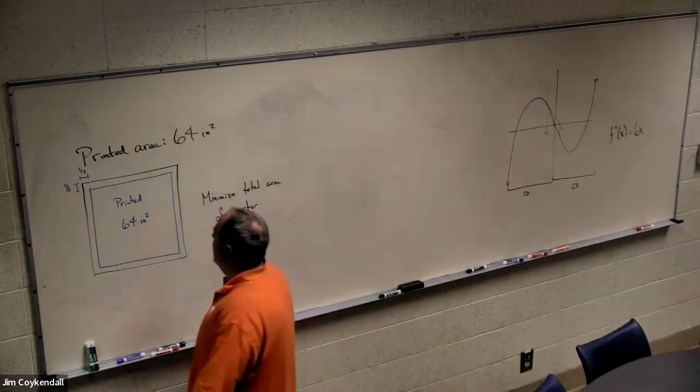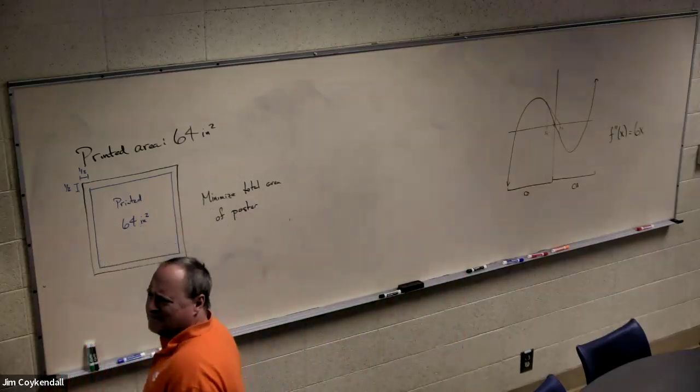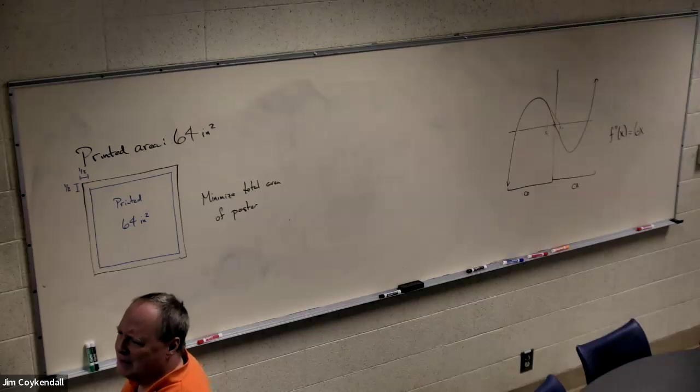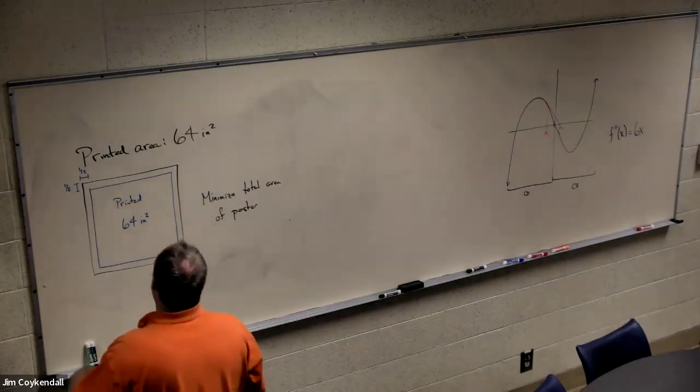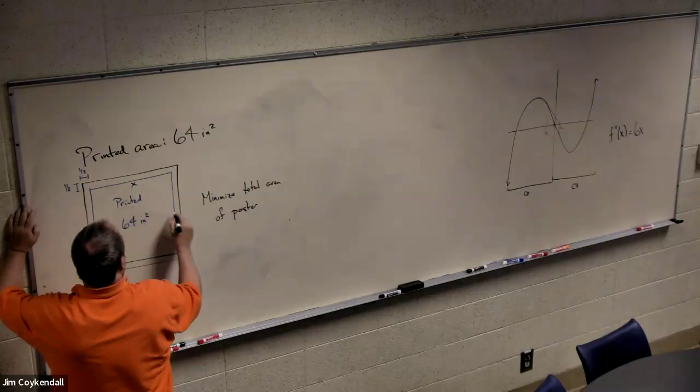Okay, so what do we got here? The poster is to be made with 64 square inches of printed area, with a half-inch margin on the side of the material. What is the minimum? So let's call this X, this Y.